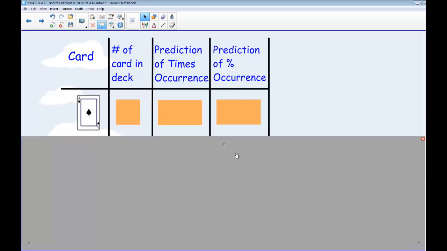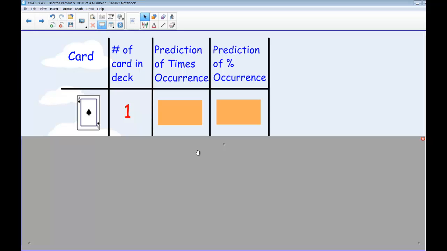Here I have an ace of spades. How many ace of spades would be in a regular deck of cards? Of course, there would only be 1 ace of spades. If I fanned out a deck of cards and asked you to pick any card, one card that is, what's the chance that you would get the ace of spades?